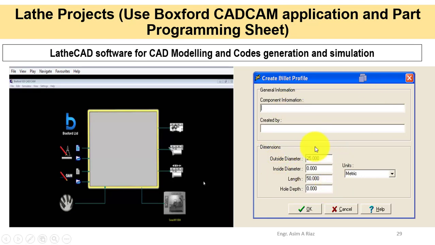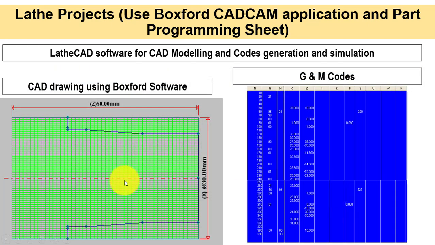Also you have to define the dimensions, which include diameter, length, outside diameter, inside diameter. It also requests the unit system which you want to use for your dimensioning. This is the part which I created and showed previously when I practiced the CAD model in the Boxfort software.